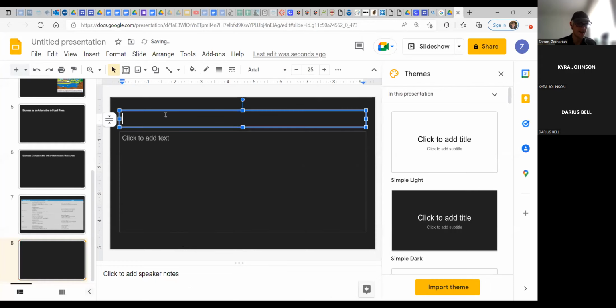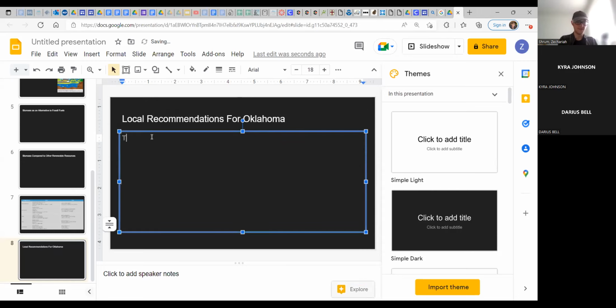And then local recommendations for Oklahoma. So here you can talk about Oklahoma and its current energy resource use.